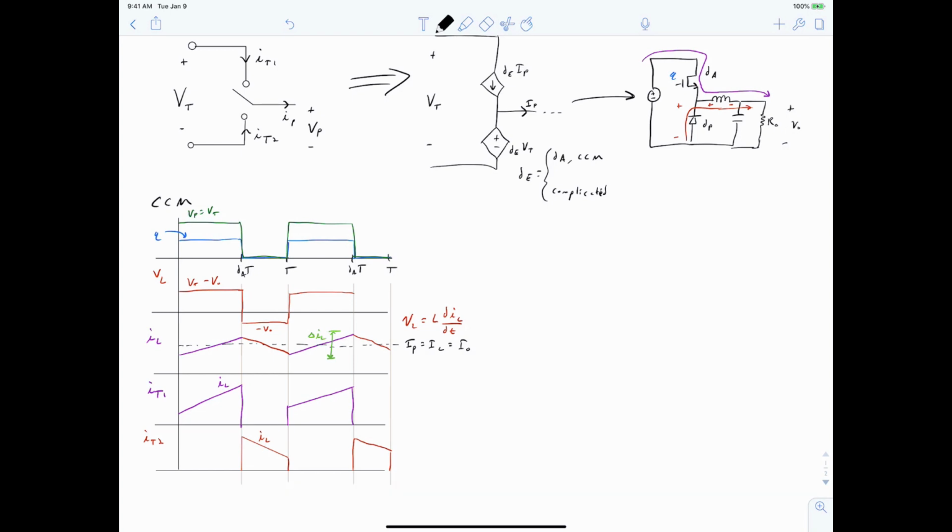Let's now consider something called the critical condition. And this is at the border of DCM and CCM. Last time we talked about how continuous conduction mode means that our inductor current is never zero for an interval of time, whereas in discontinuous conduction mode, our inductor current becomes zero for an interval during every switching period.